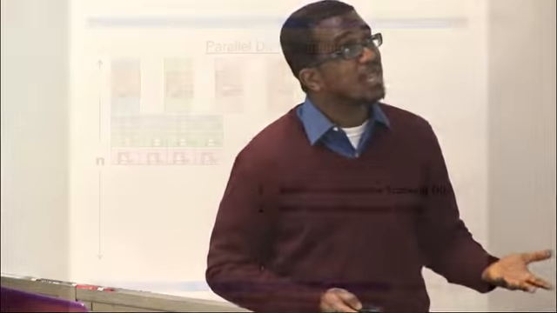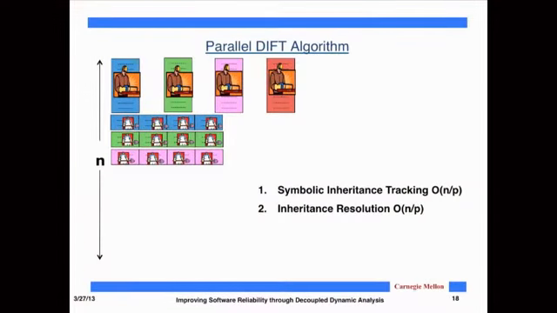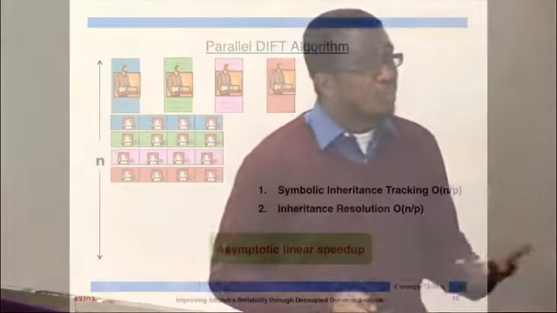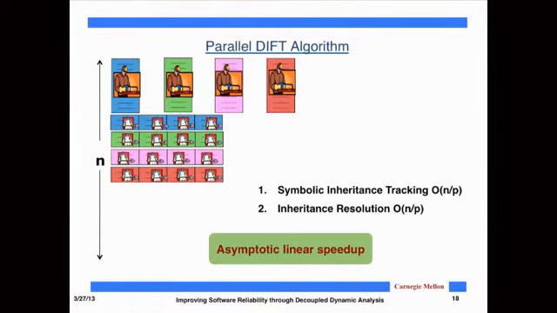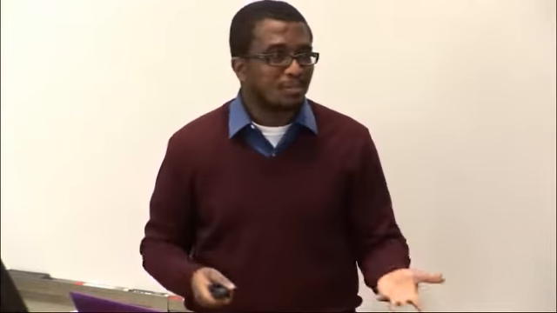Individual locations we can resolve their inheritance in parallel, but for each segment we have to do that sequentially. With this design, we came up with an algorithm that has asymptotic linear speedup, although in practice, the constant factors really prevent our implementation from actually having this behavior.